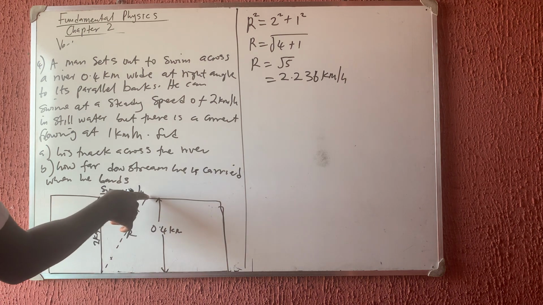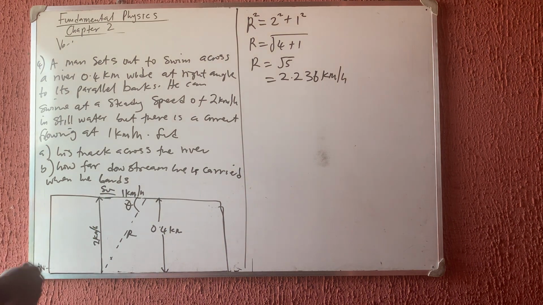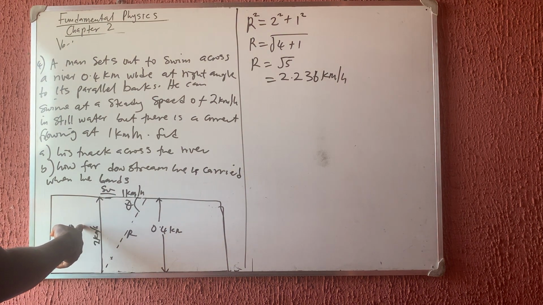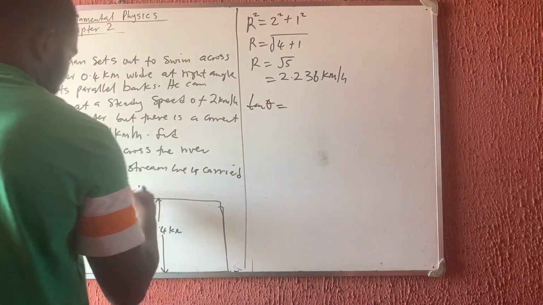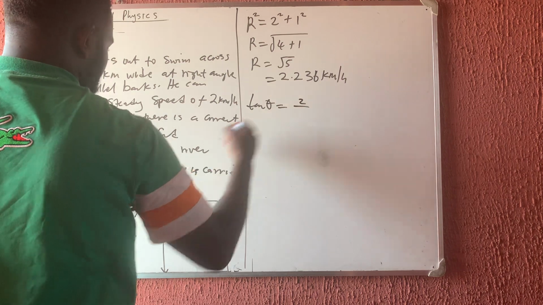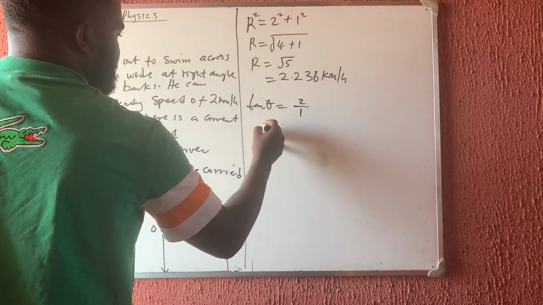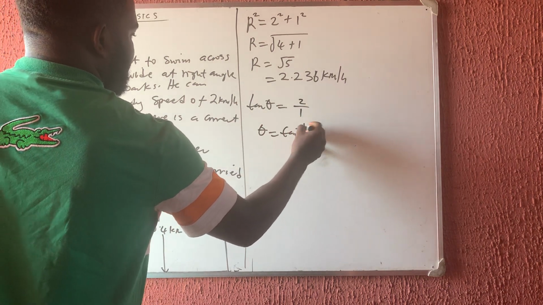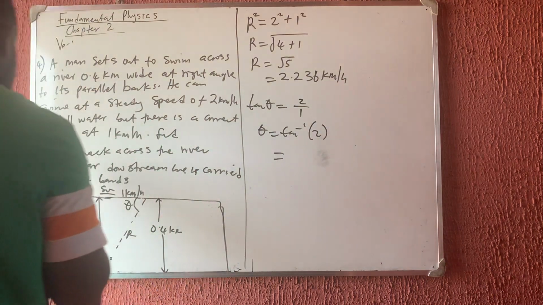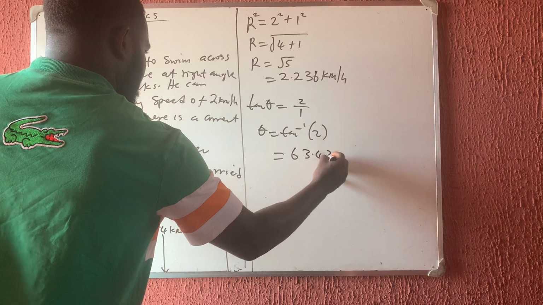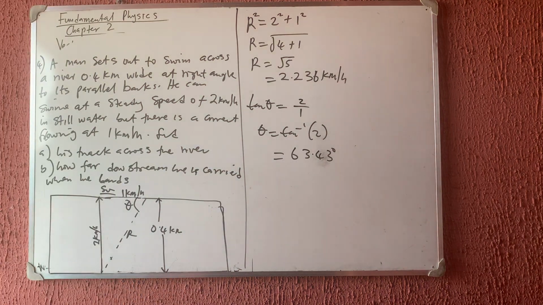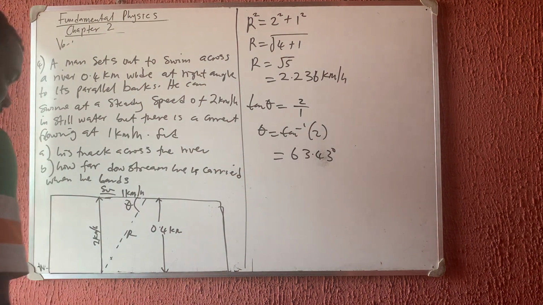Looking at this, it is opposite over adjacent, so I'm using tan. tan theta is equal to opposite, which is 2, over adjacent, which is 1. So theta is the tan inverse of 2, which gives 63.43 degrees. That is the angle that was made when he landed.